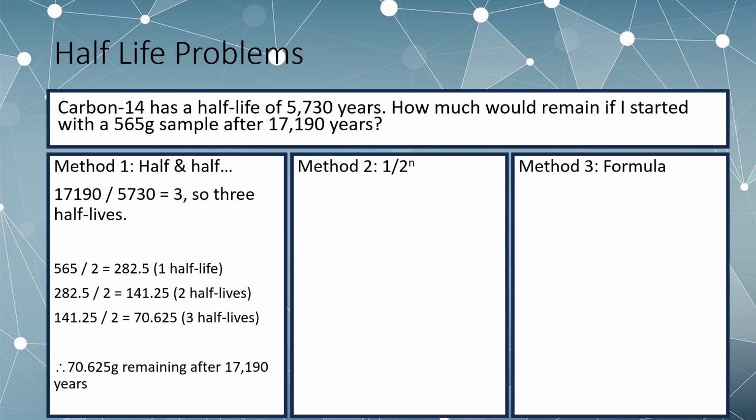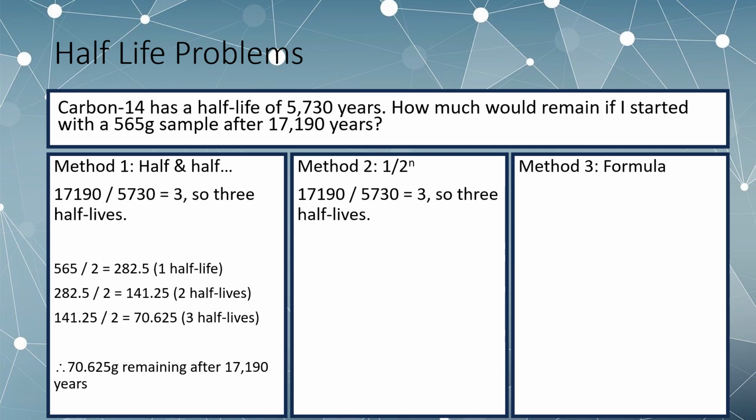Looking at our second method now, which is the amount initially multiplied by 1 over 2 to the power of n, where n is the number of half-lives. So once again, if we're using this method, we need to find the number of half-lives. So we go through the same process and find that we have 3 half-lives. So our final amount is going to equal our initial amount times 1 over 2 to the power of 3.